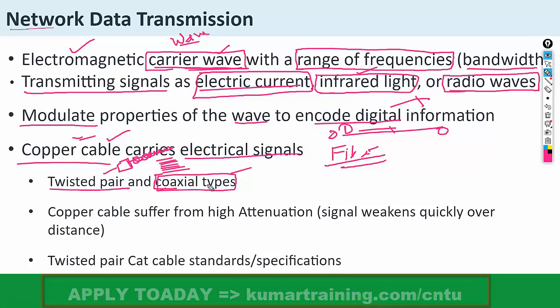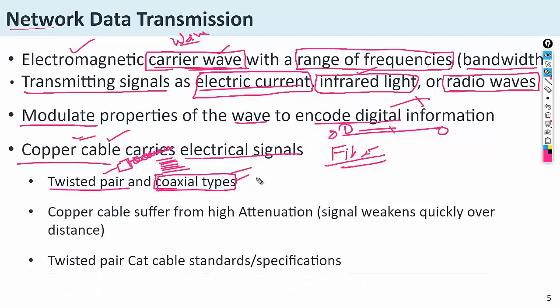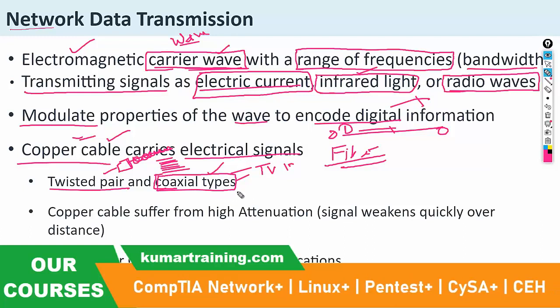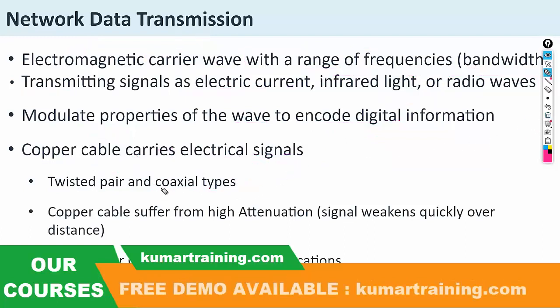Another is the coaxial type of cable. If you have a TV connection at your home, mostly coaxial cable is used, and of course on the roof you have seen lots of coaxial cable. Local TV distributors are using this coaxial cable.